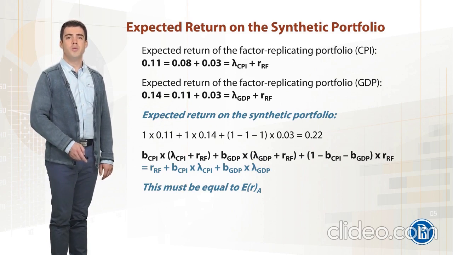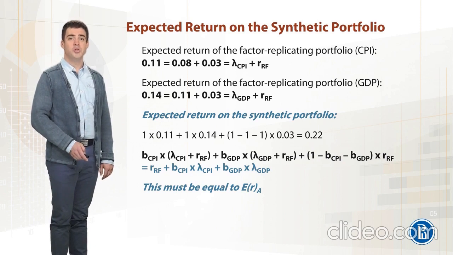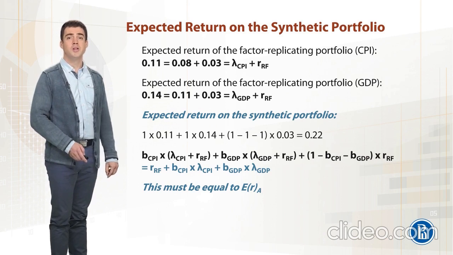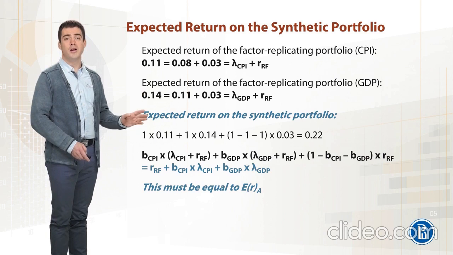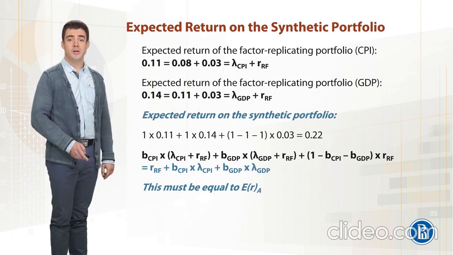As it follows from the formula of expected return on a portfolio, it should be equal to the weighted average return of all the assets which contribute to this portfolio. In other words, that will be the weighted average of expected returns of the two-factor replicating portfolios and the risk-free asset with the weights of 100%, 100%, and minus 100% respectively.